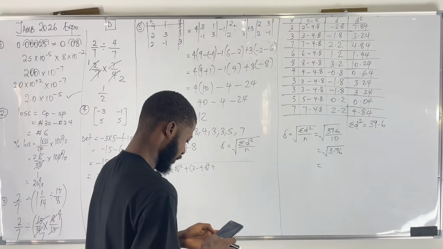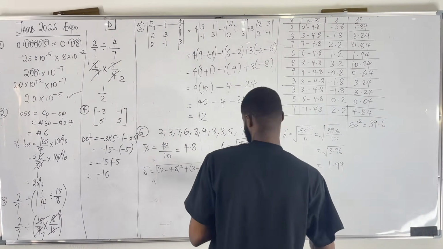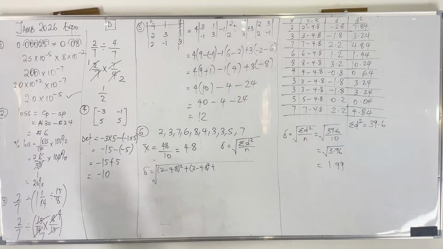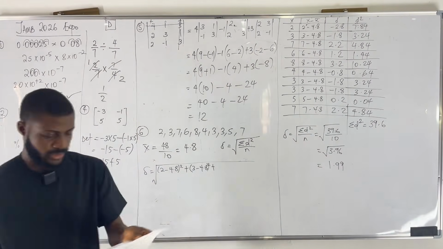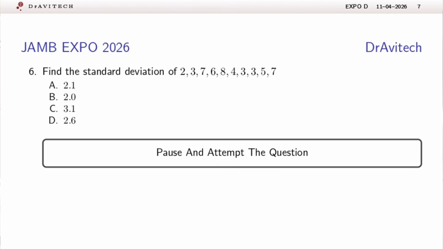So the square root of 3.96 is 1.99. Now, the thing is, the option only has 2.0 as the closest. That's what the option has. The option does not have 1.98 whatever.